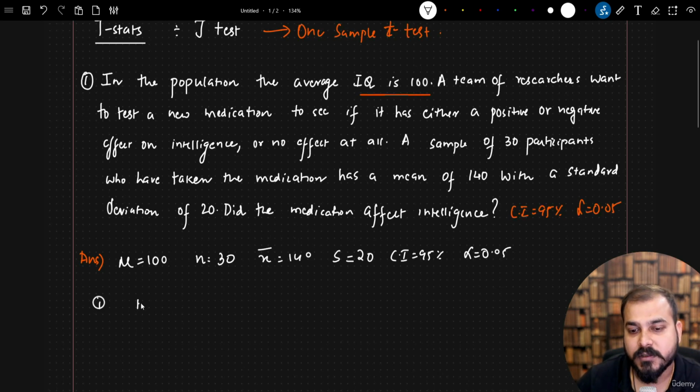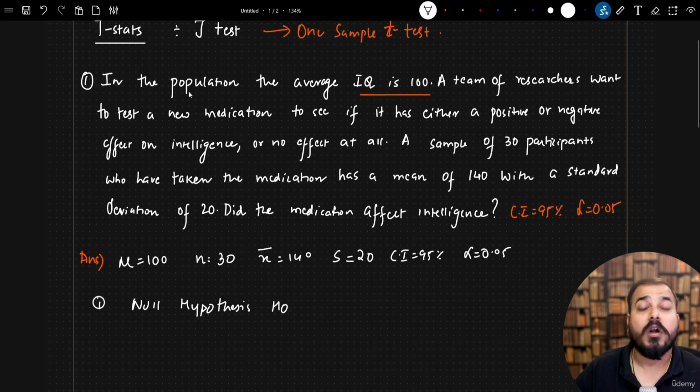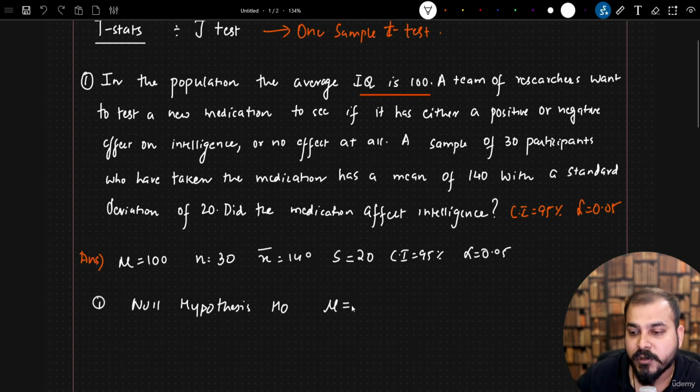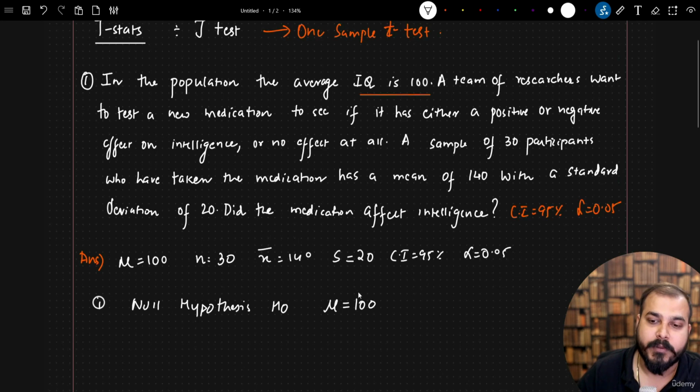The first step is with respect to your null hypothesis. What is your null hypothesis over here? It will be H0. You can see the basic assumption in this question: in the population the average IQ is 100. So I can consider my null hypothesis to be mean is equal to 100, right?